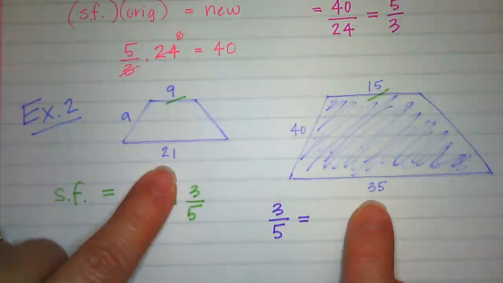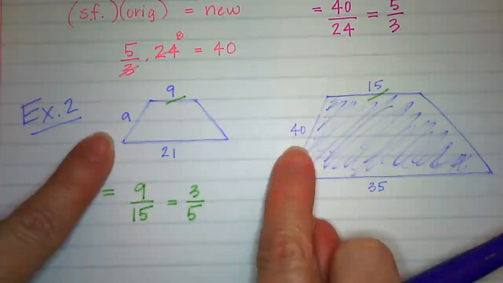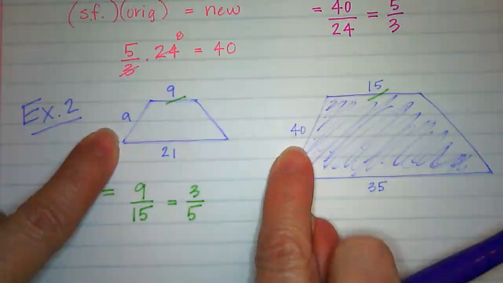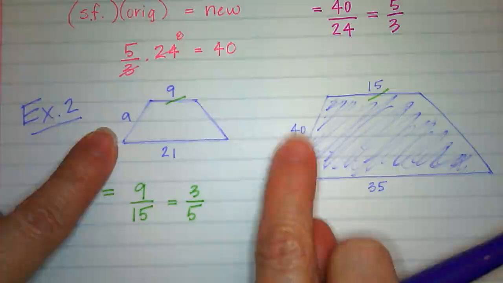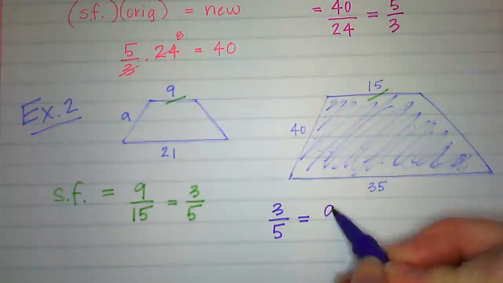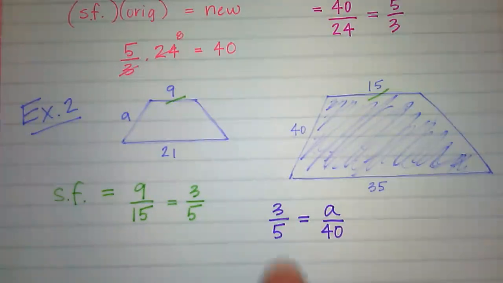So what we need to do is set up the fraction, the scale factor, equal to the fraction of the corresponding sides that we're missing. So new over original would be A over 40. And then again, at this point, you have quite a few options because, for one, you can see that we just multiply by 8. So you can see that the missing side is 24.